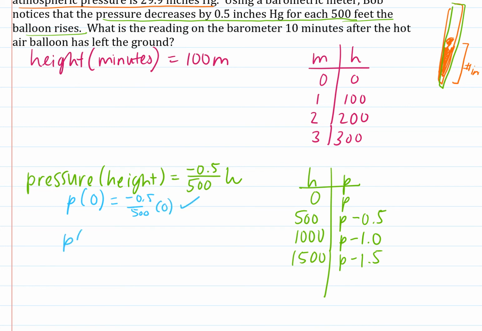You have some initial value. And if you substitute in, let's say, 1,000, then we have negative 0.5 over 500 times 1,000, which reduces to 2. That makes sense because this is 2 increments of 500. So you would decrease 2 times negative 0.5 inches of mercury.